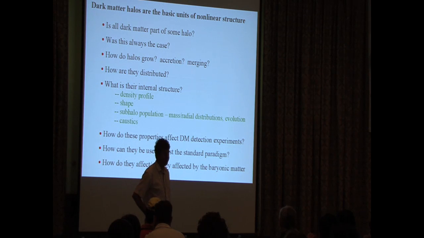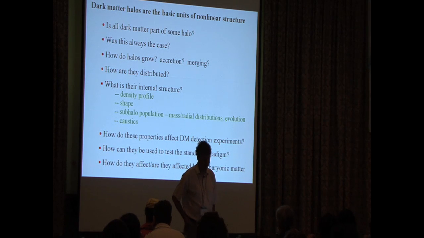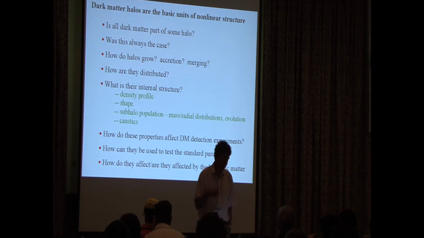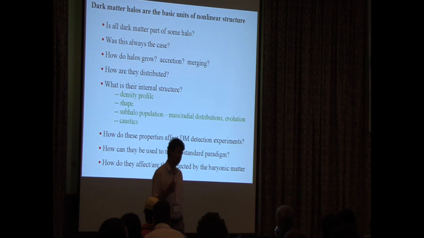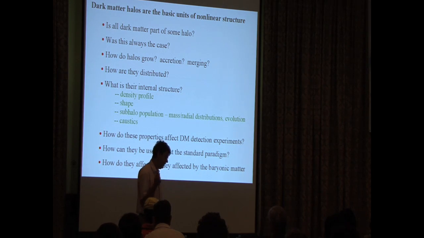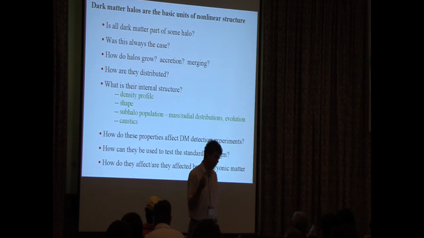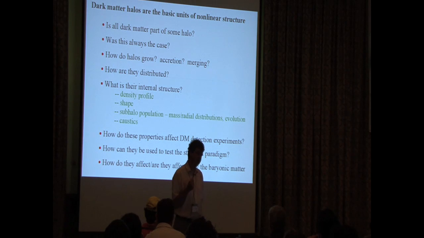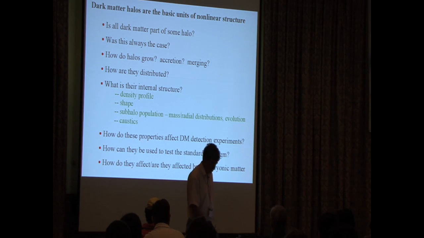And then the final point here, which is an important one, which I won't get to in these 3 lectures, is how the dark halos affect the baryonic material that we see, how they cause the galaxies to form, how they influence the properties of the galaxies. And then there's a reaction in the other direction. The formation of the galaxies does change the structure of the dark halos that they are embedded in. That is also important, but I won't get to do more than make a few remarks about it.